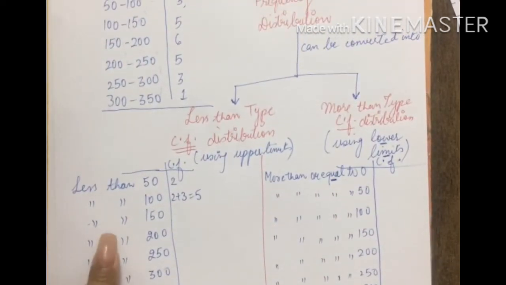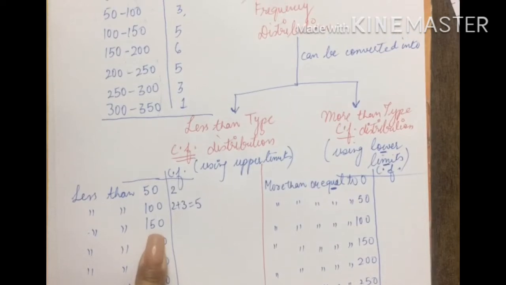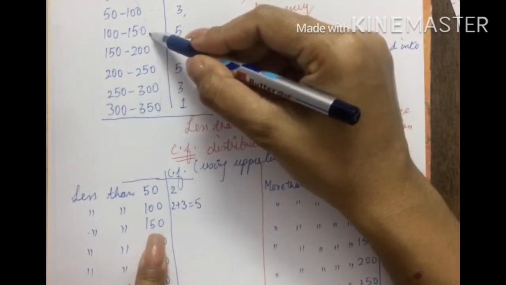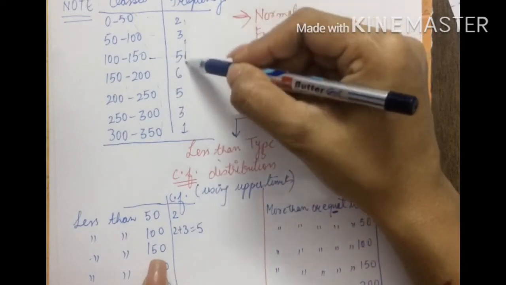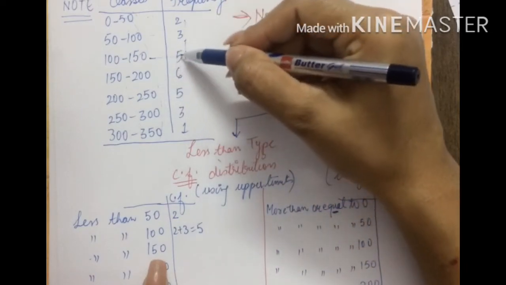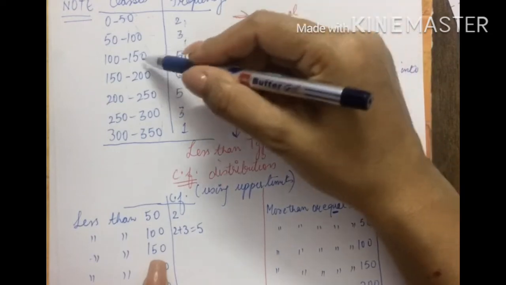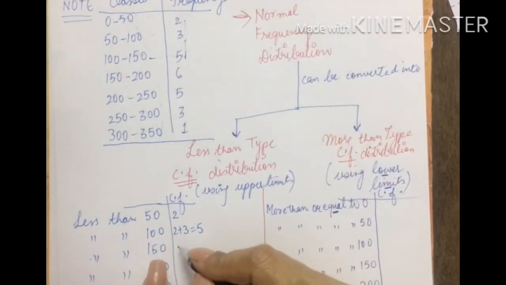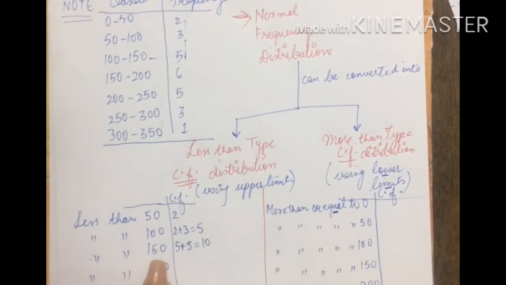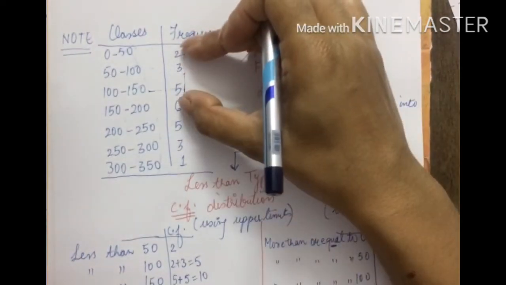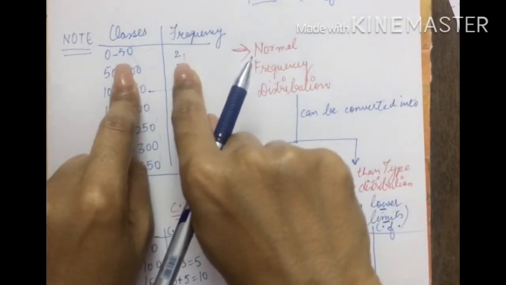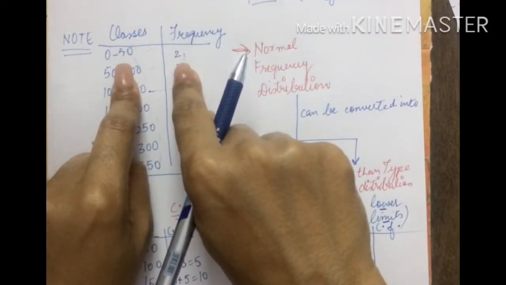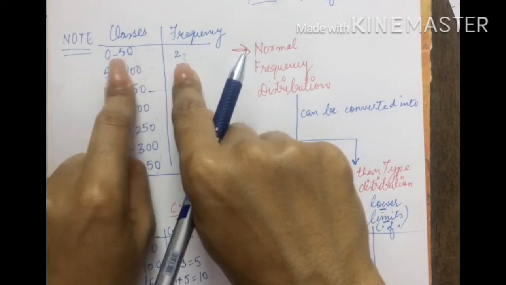Further, we want to know how many observations are there which are less than 150. So below 150, we will have these 3 classes. All these observations will have a value below 150. So this becomes 5 plus 5 equals 10. You can observe, these 2 observations have value less than 50.